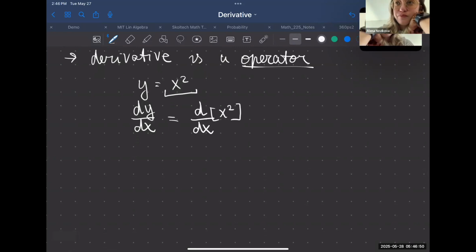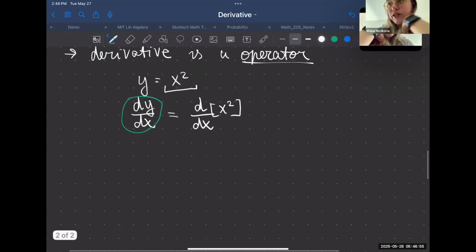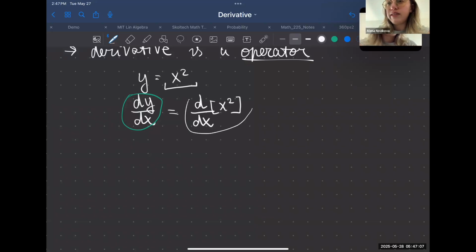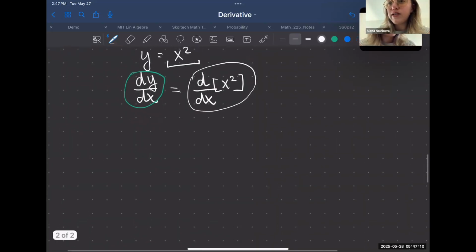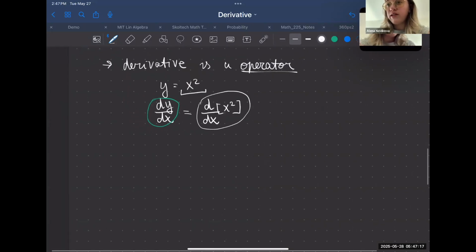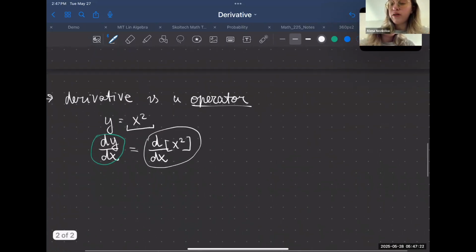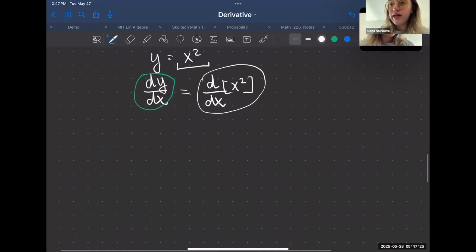And so for this side, we can't simplify it further, because we know that y is expressed in terms of x, and there's nothing we can do to simplify it, right? But on this side, we're interested in the change of x squared compared to the change in x, because both of our quantities are expressed in x.